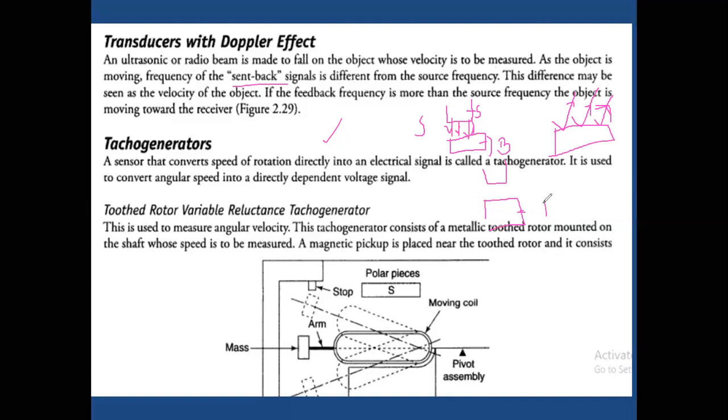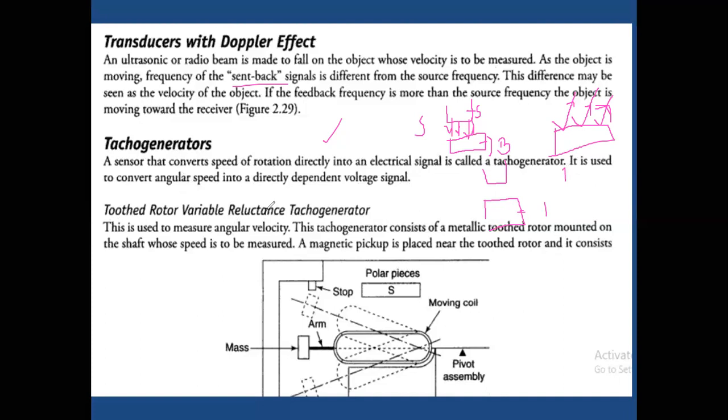And these are the tacho generators. The sensor that converts the speed of rotation directly into an electric signal is called a tacho generator.